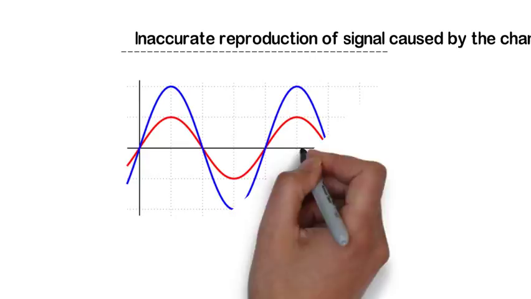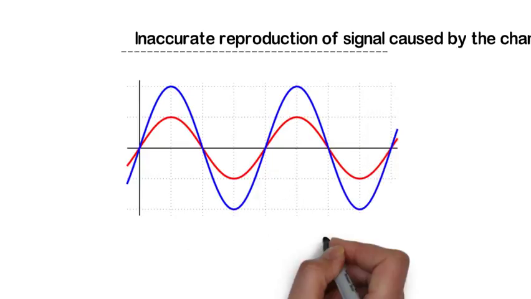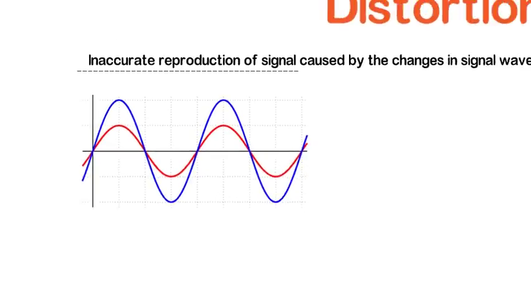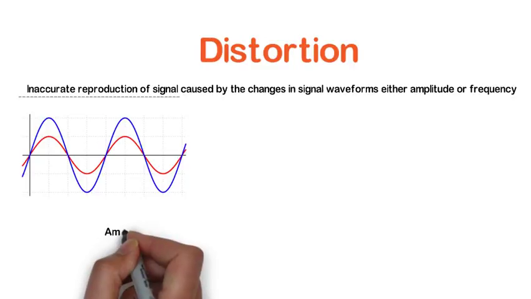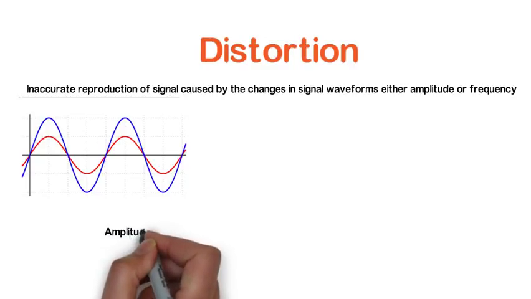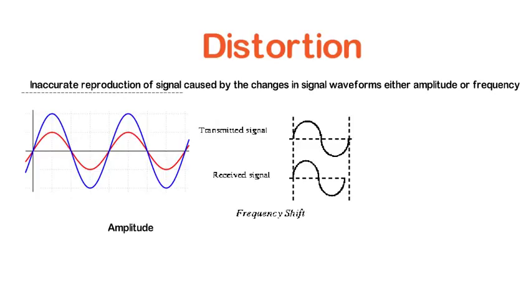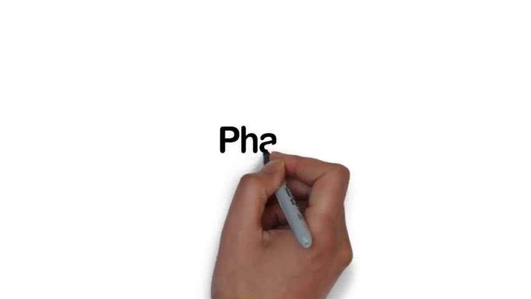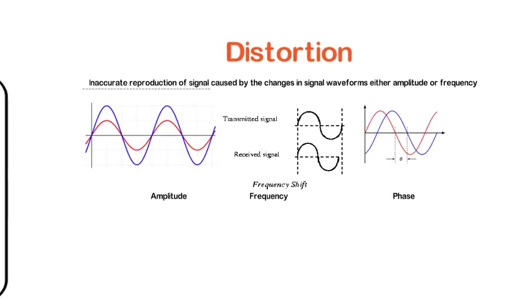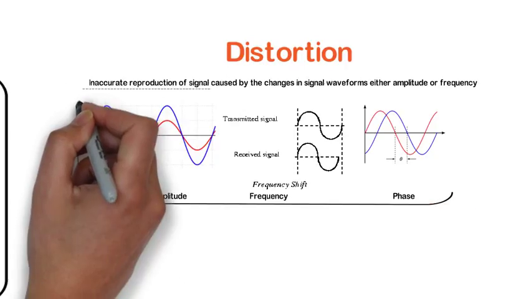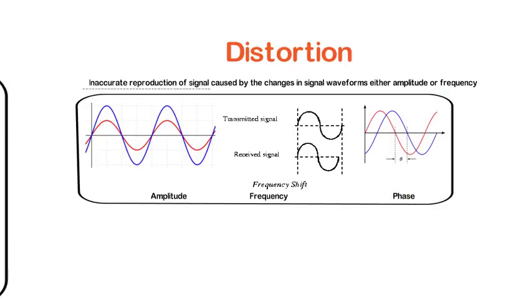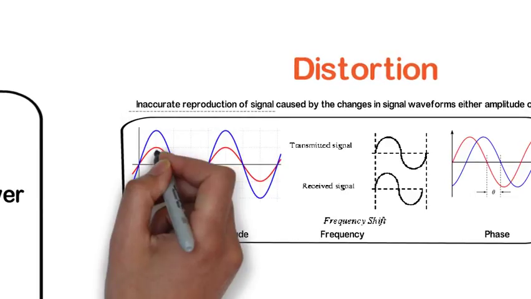Inaccurate reproduction means the characteristics of the signal, that is amplitude, frequency and phase, get disturbed or changed; then we say the signal has got distorted.